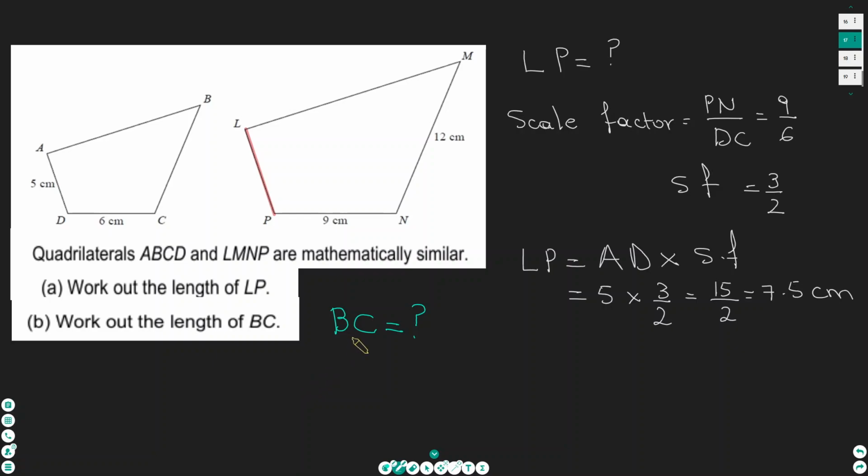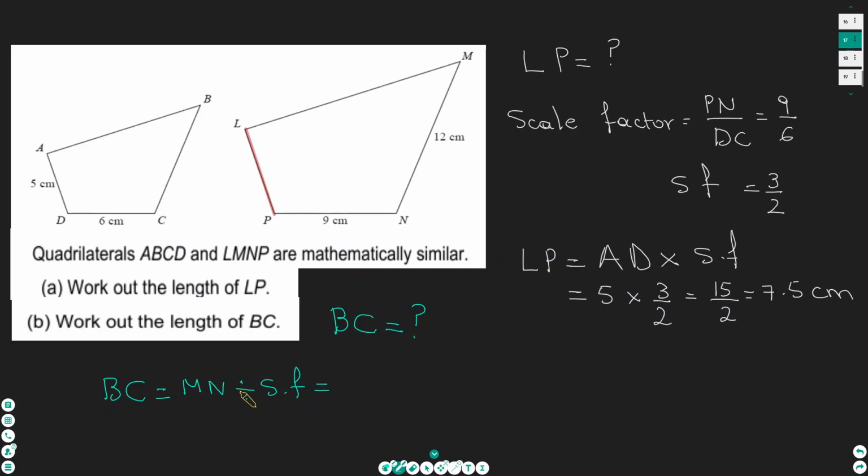We also need to find the side BC. The side BC is a side of the smaller quadrilateral. Because we found the scale factor, we can also find this side by dividing the bigger side, the MN, by the scale factor.